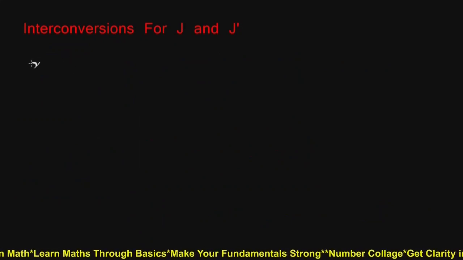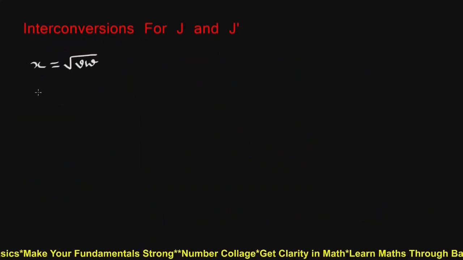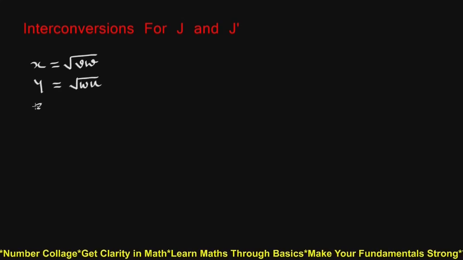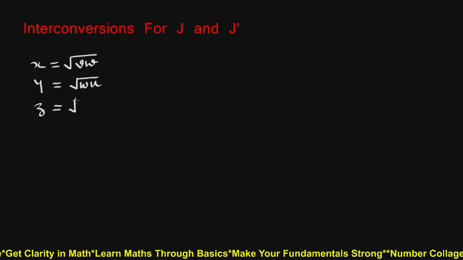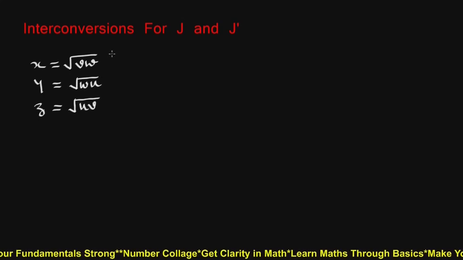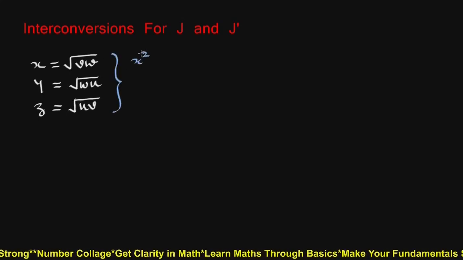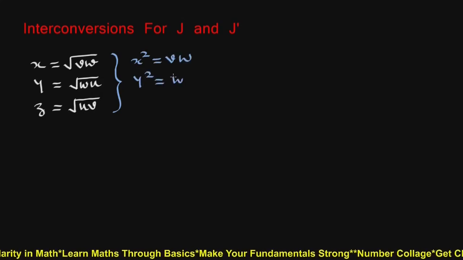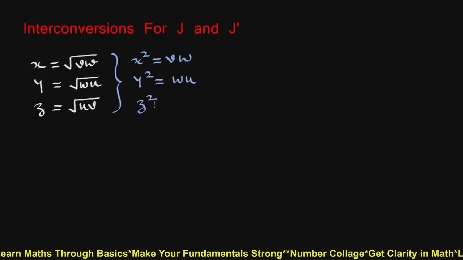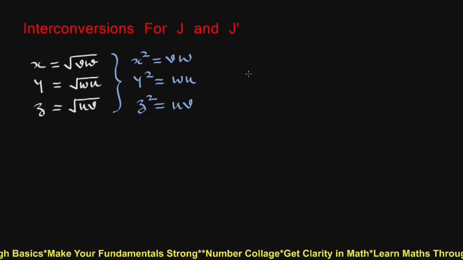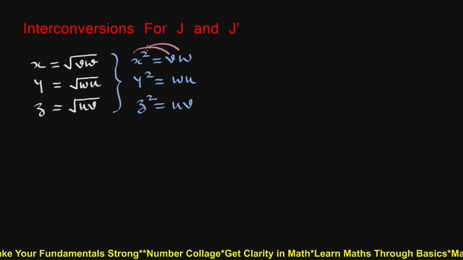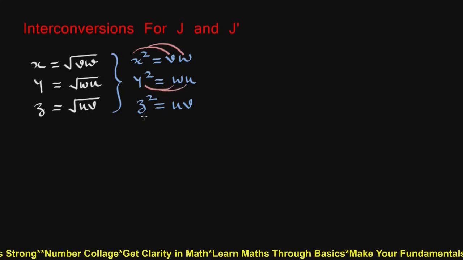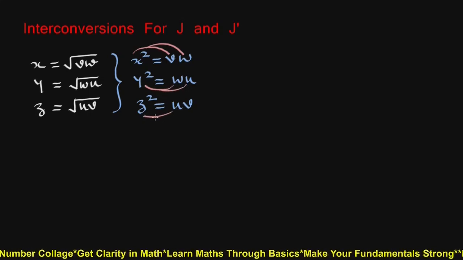x equals square root vw, y equals square root wu, and z equals square root uv. This gives us, after squaring, x square equals vw, y square equals wu, and z square equals uv. Now here x is a function of v and w, y is a function of w and u, and z is a function of u and v.